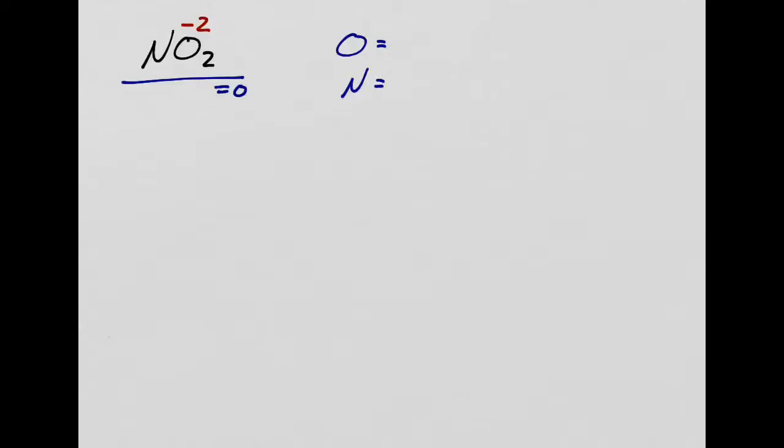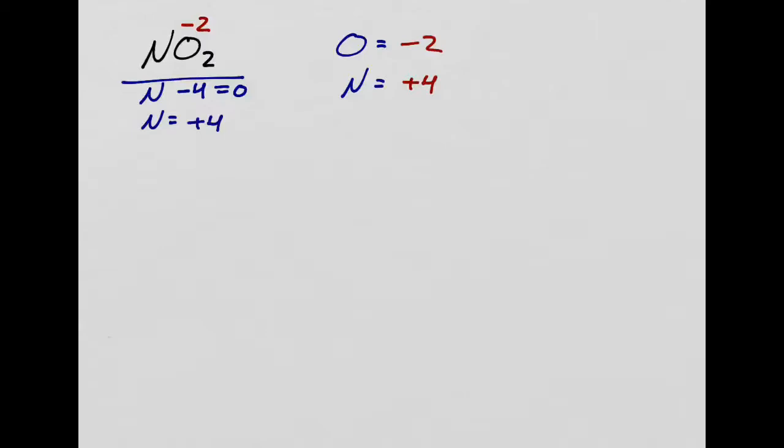Oxygen will always be -2, but I need to figure out the nitrogen. -2 times 2 is -4. So I just do simple math. N would be +4. So far so good. Okay, let's keep going.